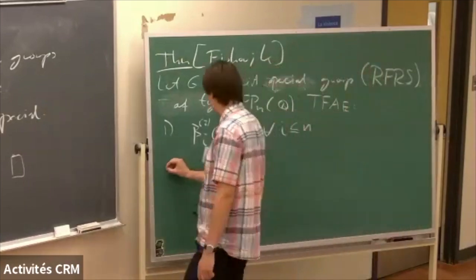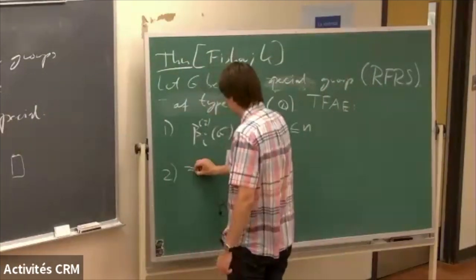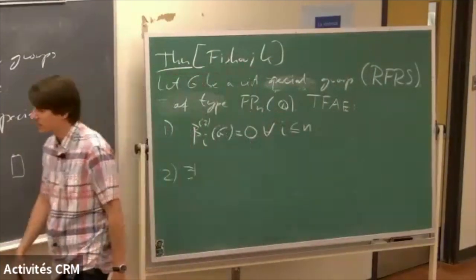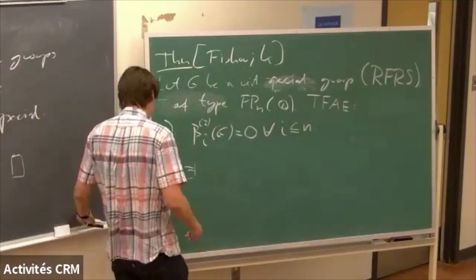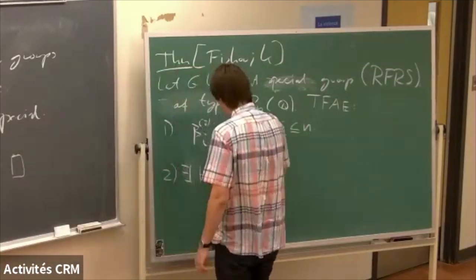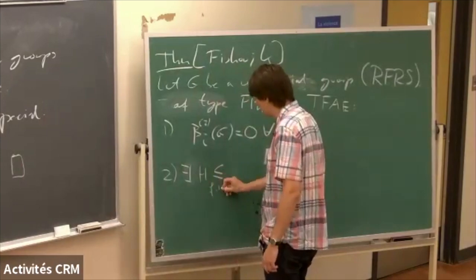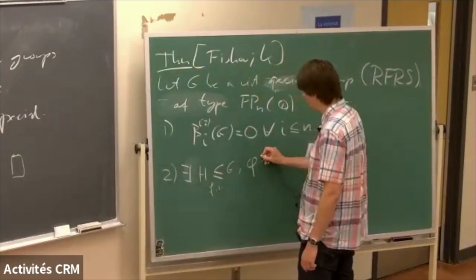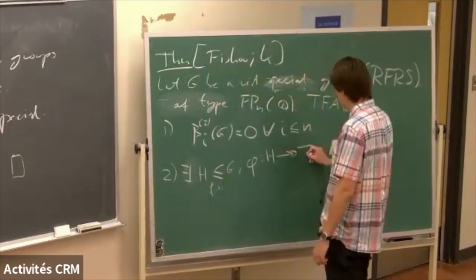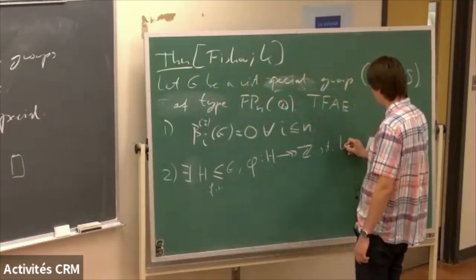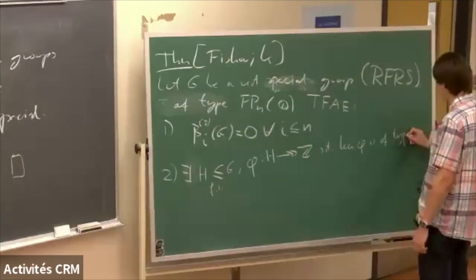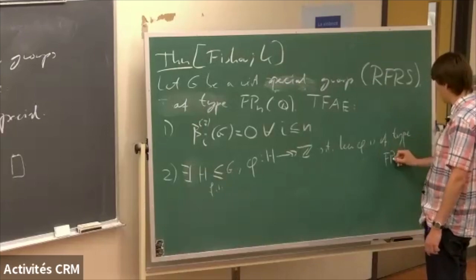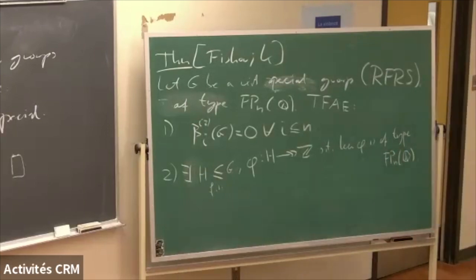And the second statement is that there exists a finite index subgroup H, and a homomorphism phi from H onto Z, such that the kernel of phi is of type FPn over Q. So there are all these homological types.